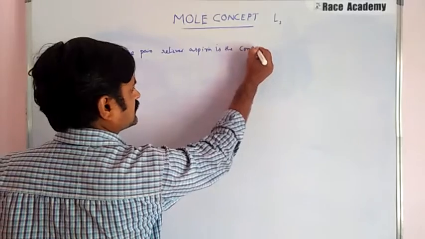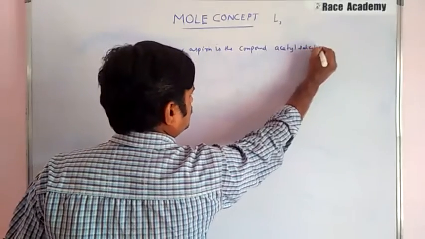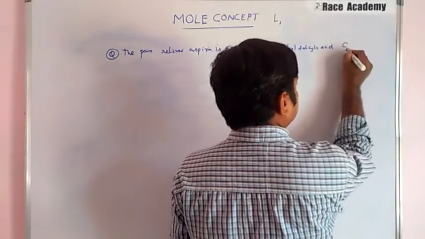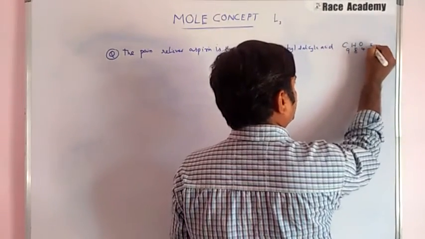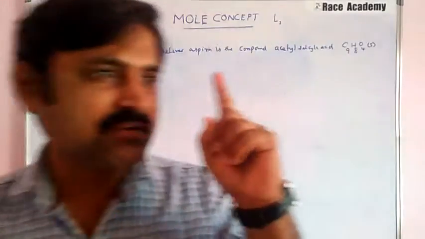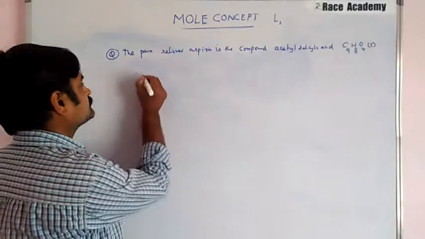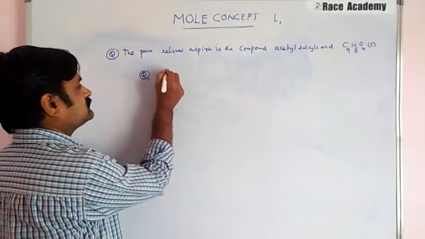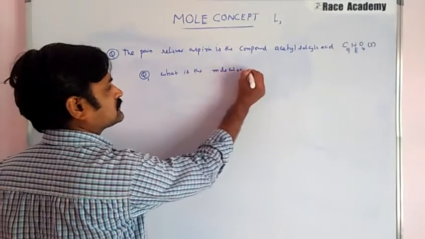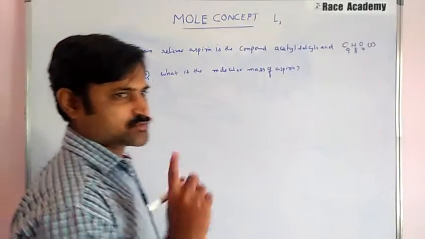Its formula is C9H8O4 in solid state. The question is, what is the molecular mass of aspirin? That is the first question.